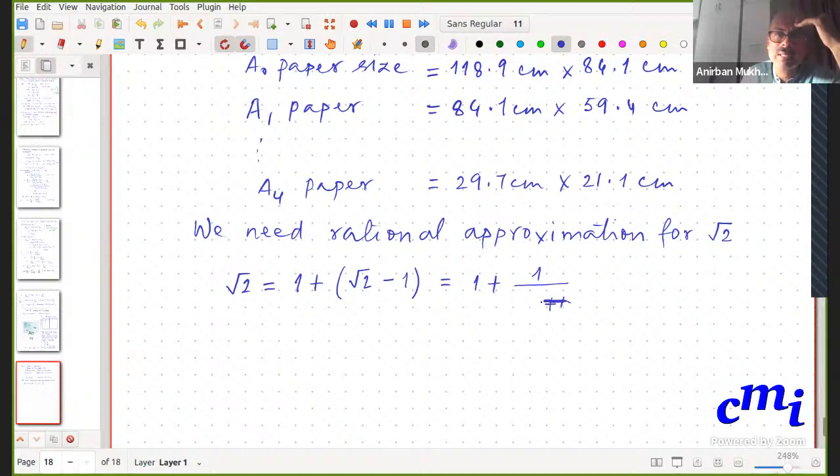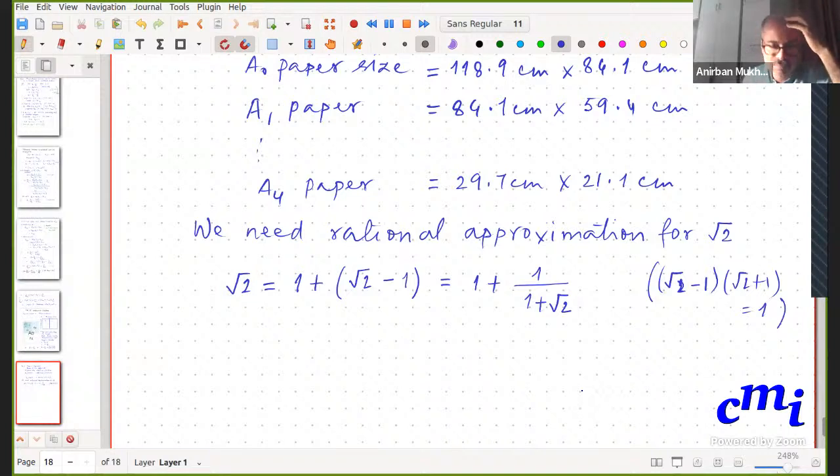This is obvious because square root of 2 minus 1 into square root of 2 plus 1 is just 1. So the conjugates are reciprocal. So it's quite easy. And what we get is 1 plus 1 over 1 plus square root of 2.